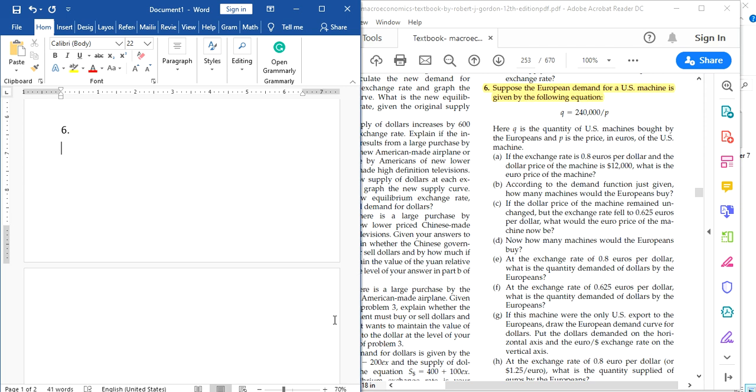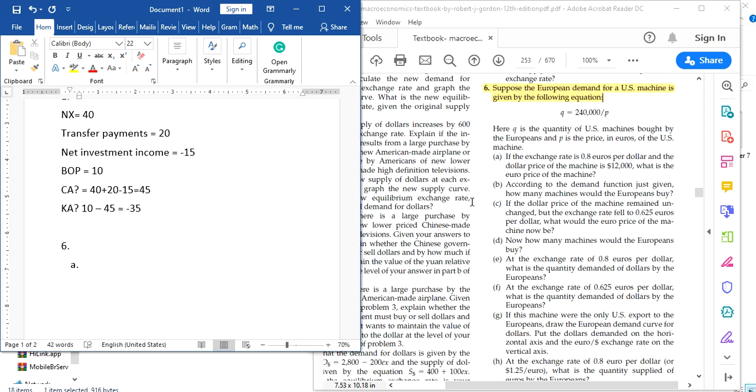The question says, suppose the European demand for a US machine is given by the following equation: Q equals 240K divided by P. Here Q is the quantity of the US machines bought by the Europeans, and P is the price in euros of the US machine.